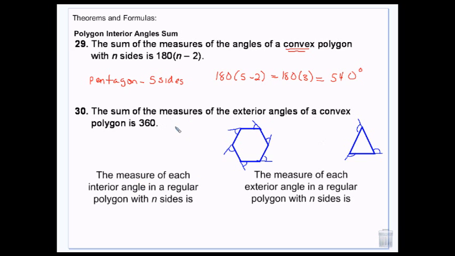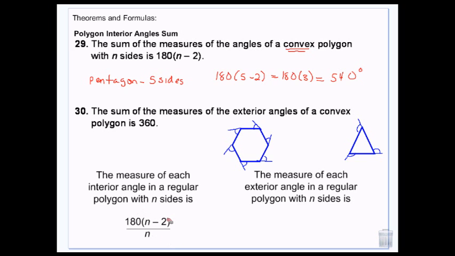Okay, now we can use this information to find some other formulas. So you have the measure of each interior angle in a regular polygon. So if I know it's a regular polygon, which means all the angles are the same, that's my formula.